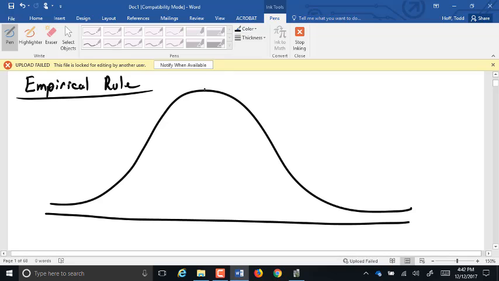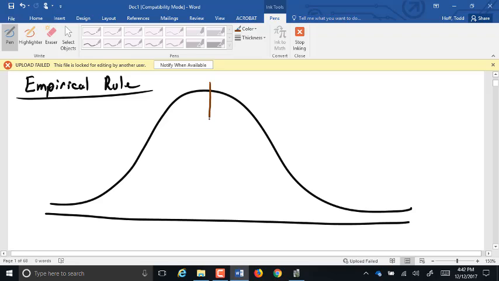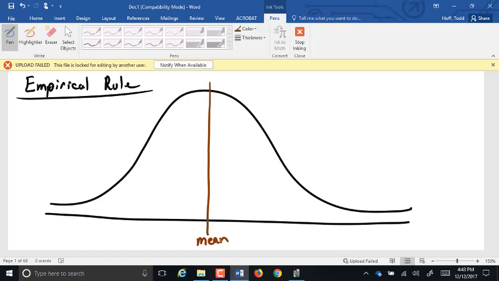The center of that bell curve, of course, is our mean or our median. We're going to use the mean. And it's pretty clear how the center, the mean or the median, describes the center. It's just right in the middle of that curve.